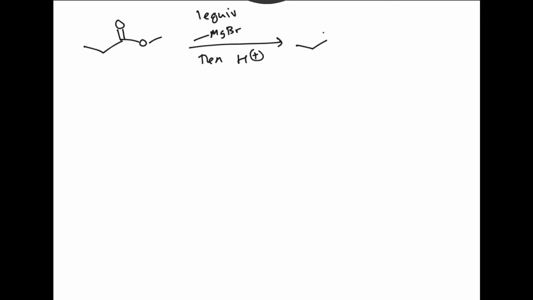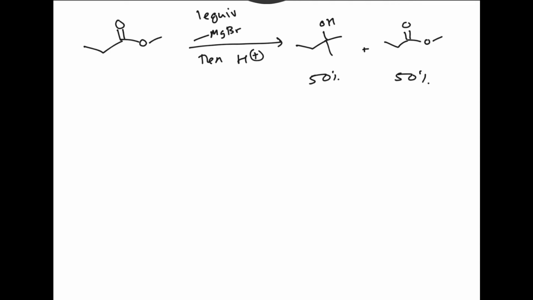We'd end up making the tertiary alcohol that we want, plus we would get the starting material back, right? And basically you'd get 50% of the tertiary alcohol and 50% of the ester.